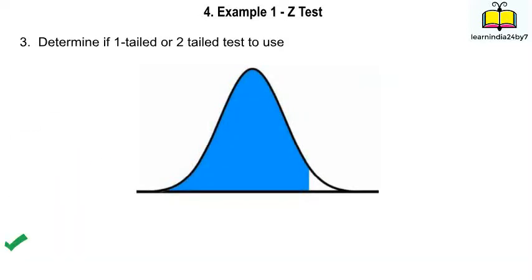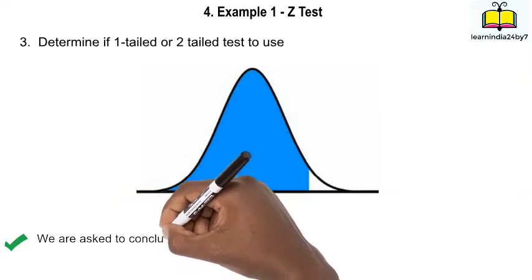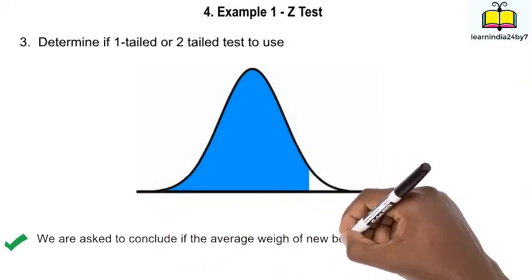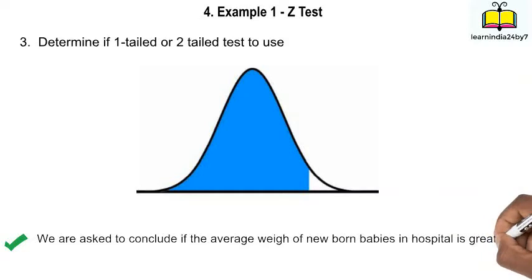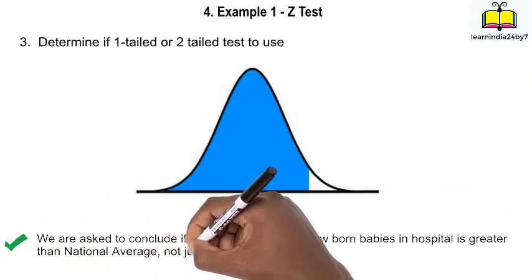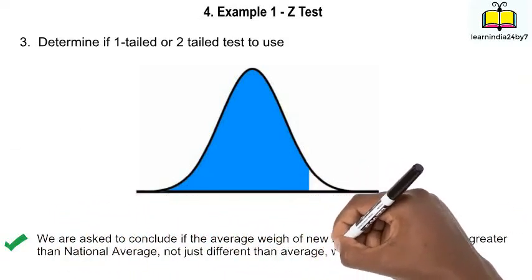So in this case, as we are asked to conclude if the average weight of newborn babies in the hospital is greater than the national average, not just different, we will use a one tail Z test here.